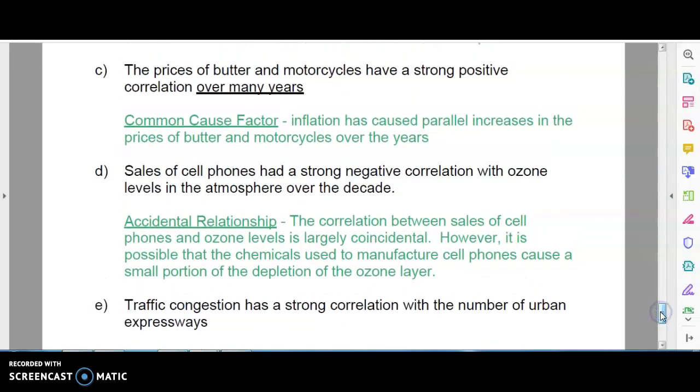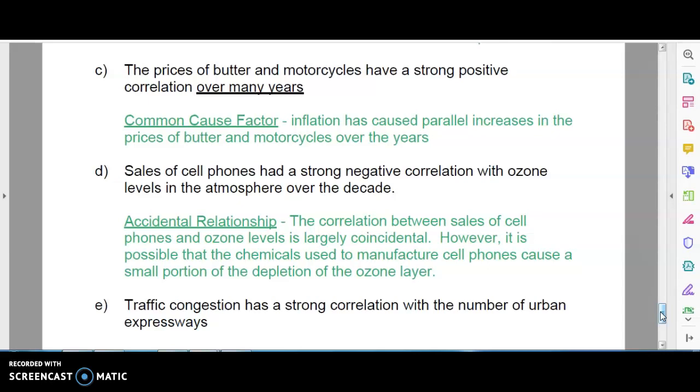Sales of cell phones had a strong negative correlation with ozone levels in the atmosphere over the decade. This one, we'd say accidental relationship. The correlation between sales of cell phones and ozone levels is largely coincidental. However, it is possible that the chemicals used to manufacture cell phones cause a small portion of the depletion of the ozone layer.